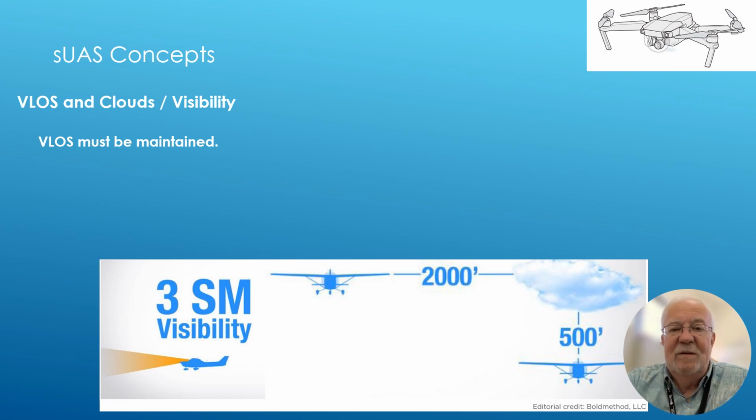Unlike manned aircraft that use airports where current weather conditions are available from ASOS or AWOS automated systems, UAV operators tend to fly in areas without those systems. So we're the ones that have to gauge that.